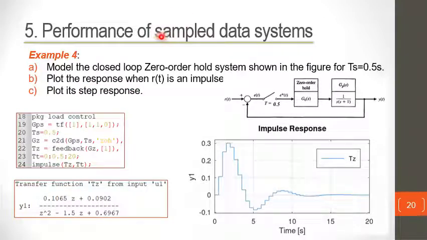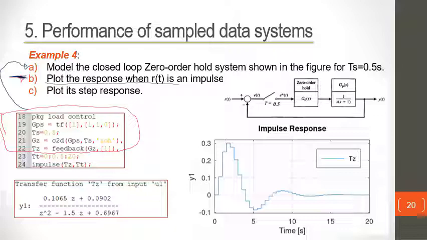And now we want to answer the question which talks to B. Remember we said for A, all of this was the answer to A. And then for the impulse response, which is this part, when r(t) is an impulse, you set your time to 20 seconds, depending on what you want, and then you do your impulse response.